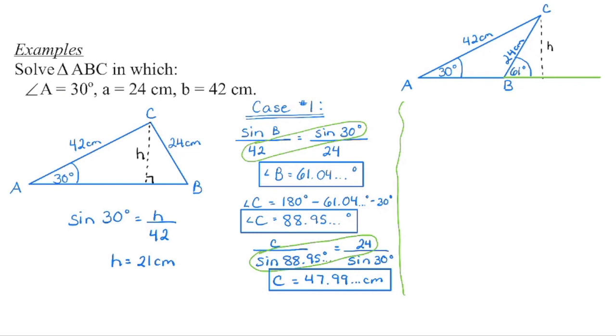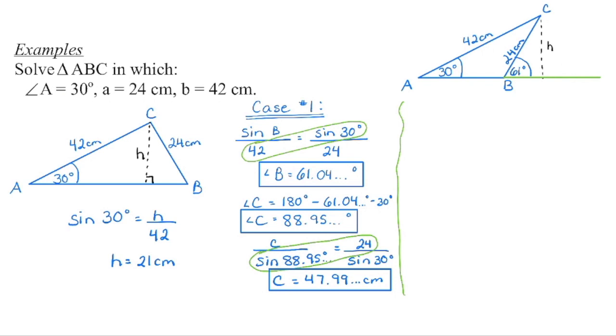So if we take a look here, we've already established that angle B is the 61 degrees. So if we took this side that was over here and we swing it around here, you can see that if we were to draw this in like this, we have an isosceles triangle because this side is the same length when we put it over here. If this is an isosceles triangle, those two sides are the same.